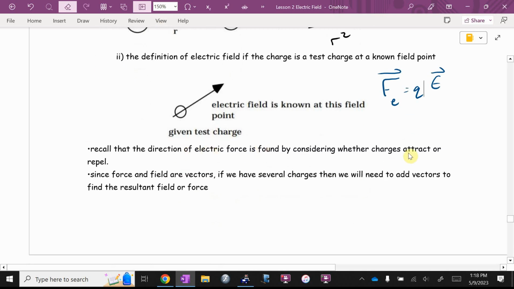Direction of electric force: like charges repel, unlike charges attract. Force and field are vectors. If we have multiple charges, we'll need to add them vectorially by going plus or minus.